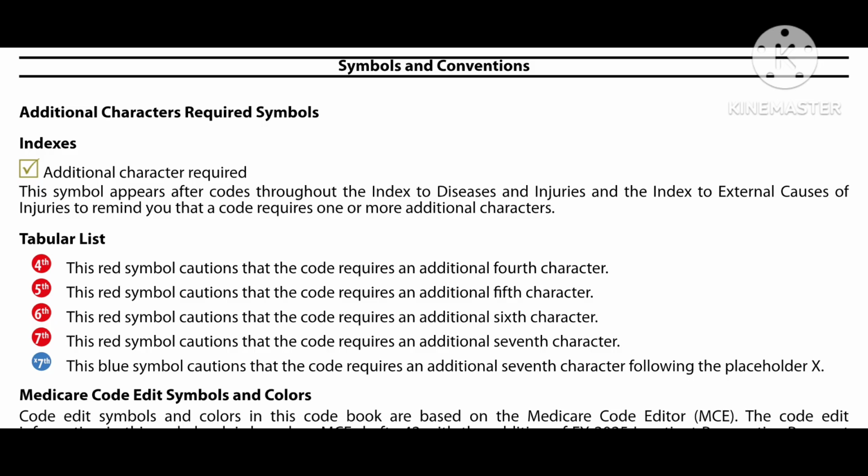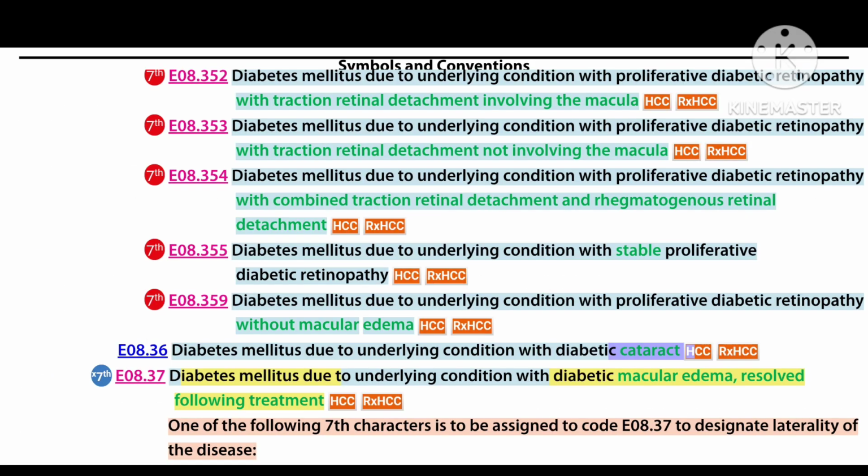If you see such a blue circle with 7th character, that says that you need a placeholder in front of the 7th character. The code will have only 5 or 4 characters, but it has to be extended with a 7th character. Since you don't have 4th, 5th or 6th characters, in their place you have to give a placeholder. We will see some examples for that also.